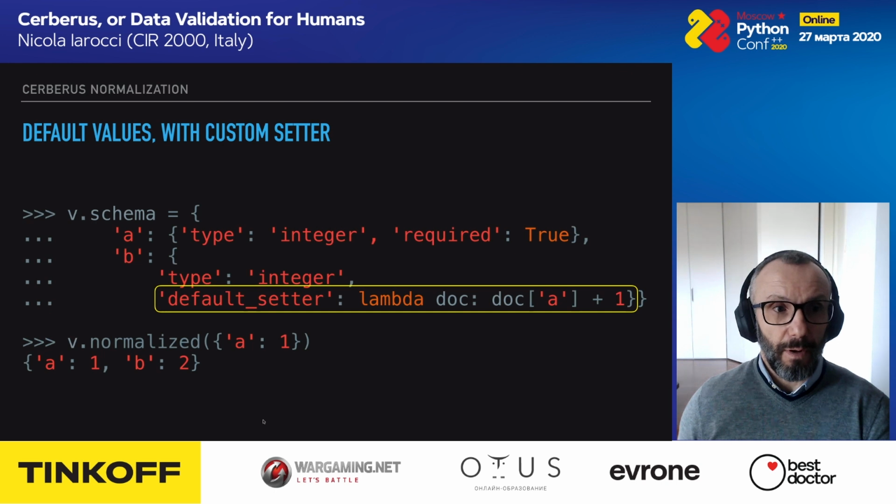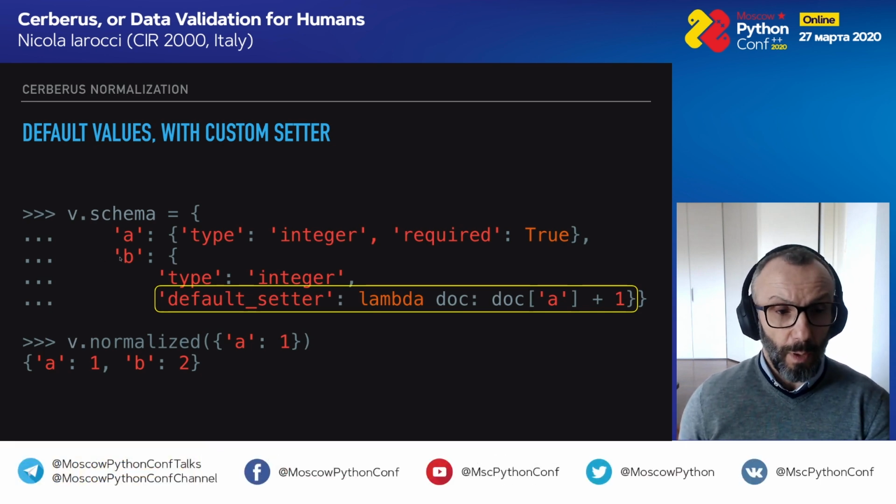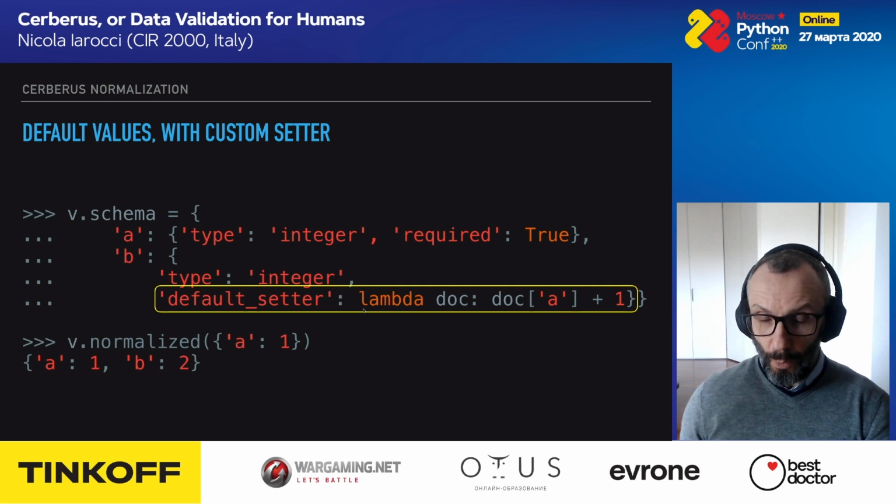And even more than that, we can have a default setter. So here we are setting a lambda for our unknown field, for our B field. So our input document has no B field, and it will be set by our lambda. Look at this, when we use a lambda here, we get the document itself as input.